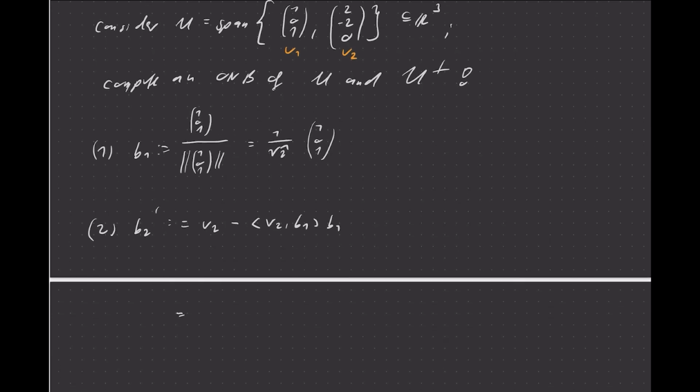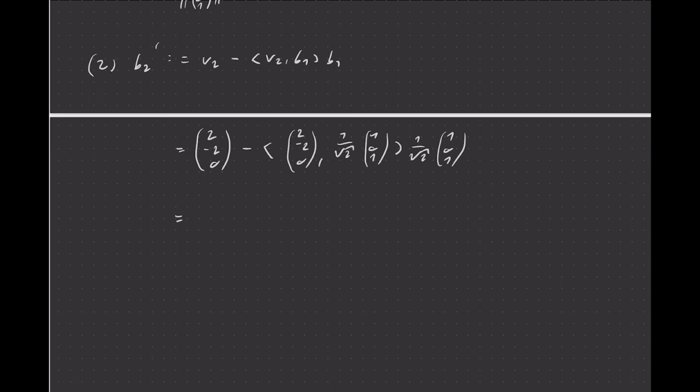So what we get is v2, which is (2, -2, 0), minus the scalar product of (2, -2, 0) and b1, that is 1 over the square root of 2 times (1, 0, 1), times 1 over the square root of 2 times (1, 0, 1). So that's what we need to compute.